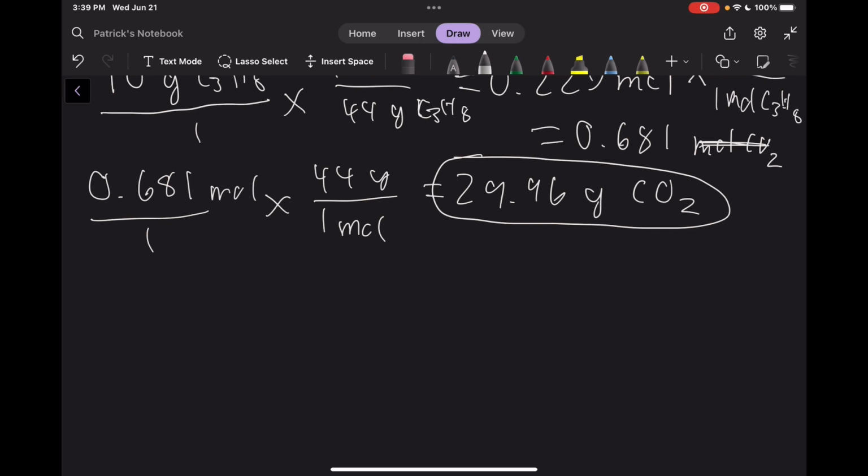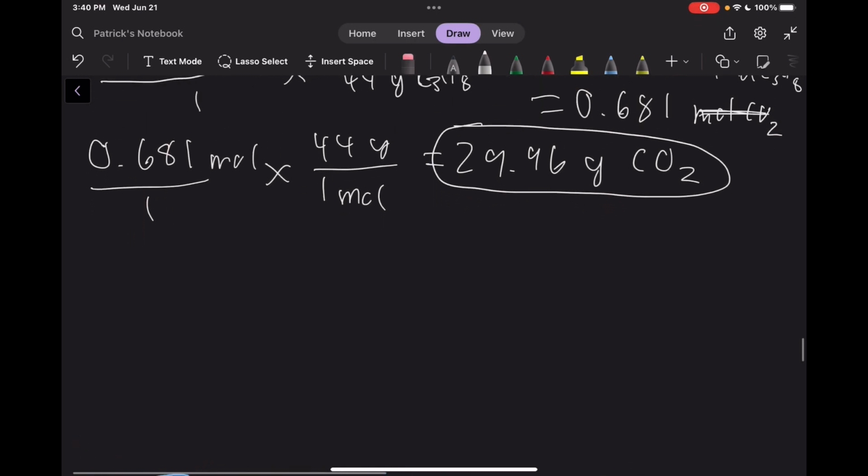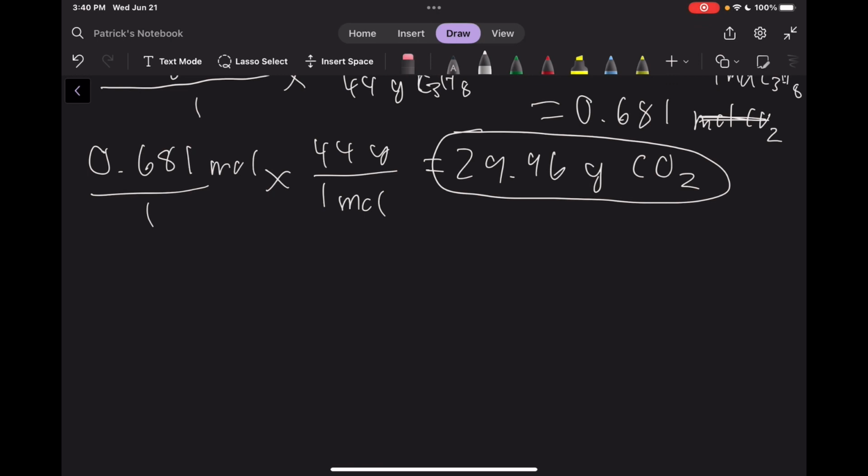While we're here though, let's try something else. Let's say we have 10 grams of propane we're wanting to burn. How many grams of oxygen would we need? This little bonus question is asking us to find the amount of one reactant given the amount of the other reactant, but the underlying concept is exactly the same as before.